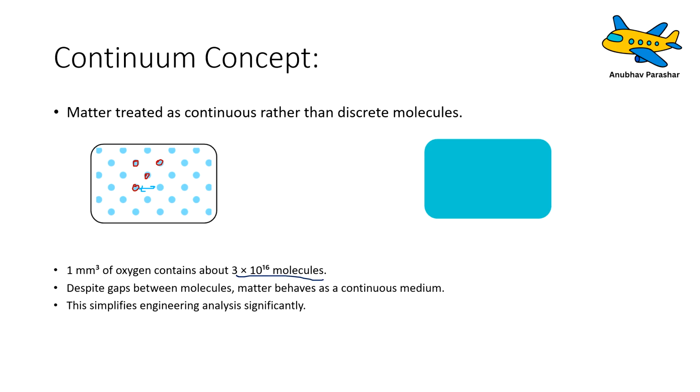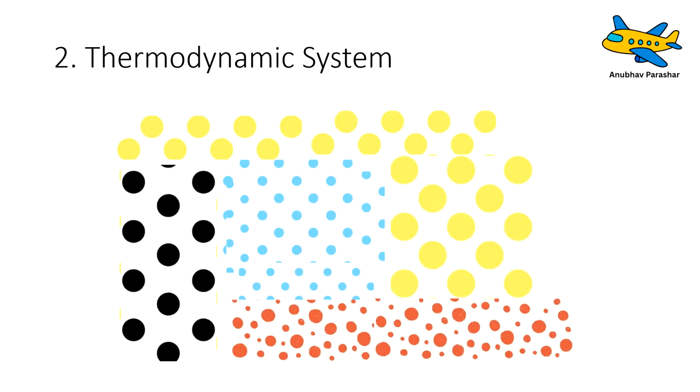It will contain around 3 into 10 to the power 6 molecules. So we don't study these molecules. Instead, we consider it as one whole system. We don't consider the gaps between the molecules. We consider the whole matter to be continuous. And why do we do that? Because it makes our study significantly simpler. Later on, you will keep on understanding how it happens.